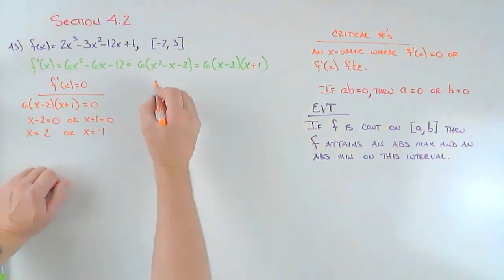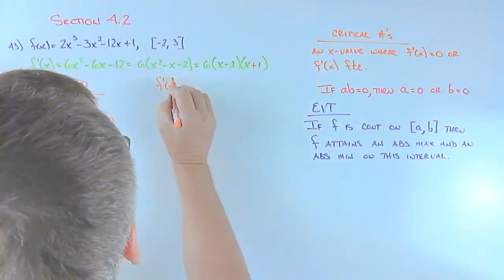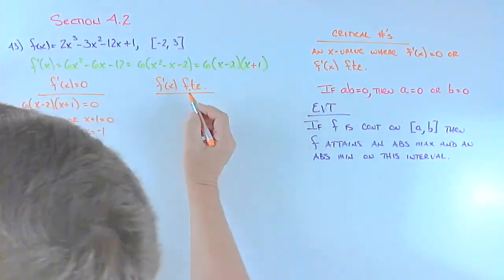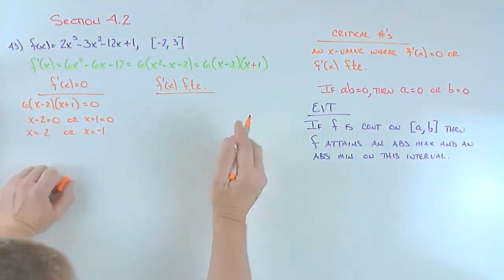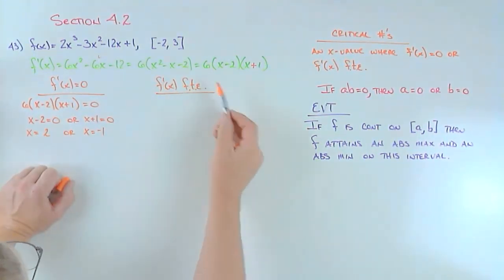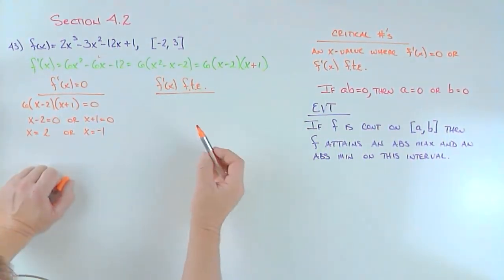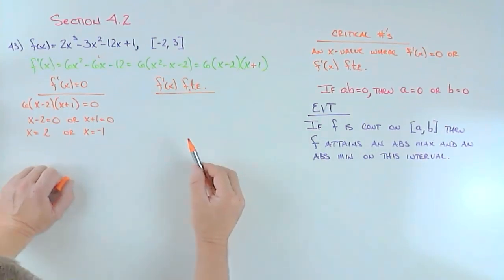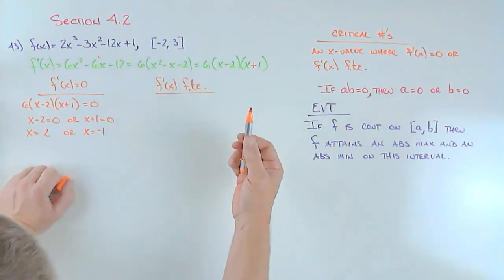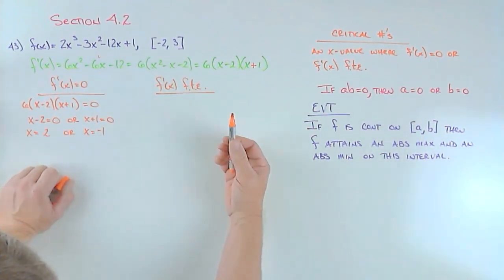Now I'm also going to go through the work of checking to see where the derivative fails to exist. Even though I realize that the derivative is a polynomial, therefore it never fails to exist, I'm still going to present this part of my solution. Because if I don't, that's going to afford my instructor the opportunity to think that I forgot it.